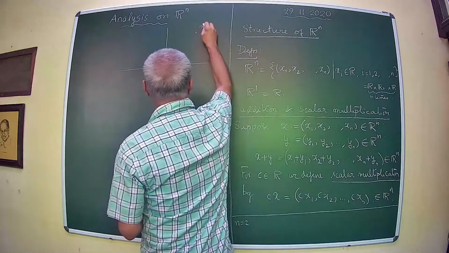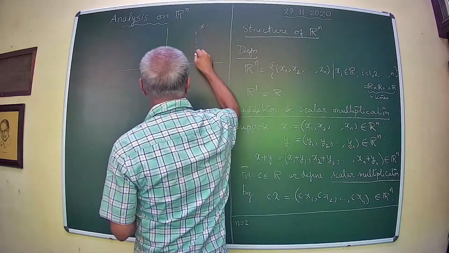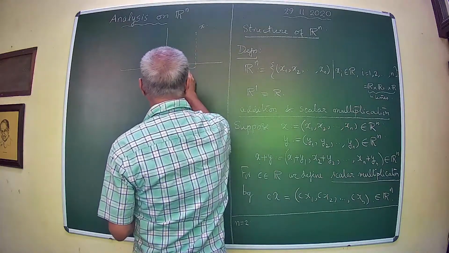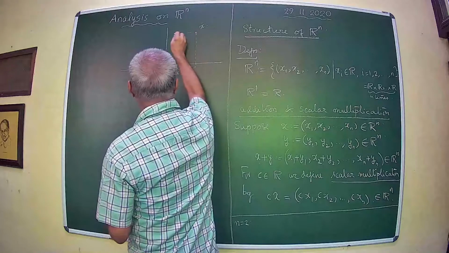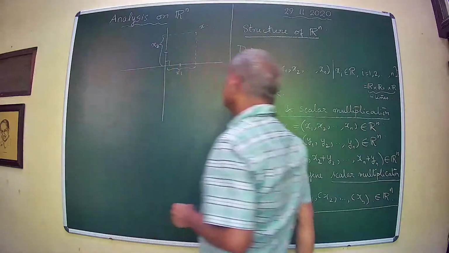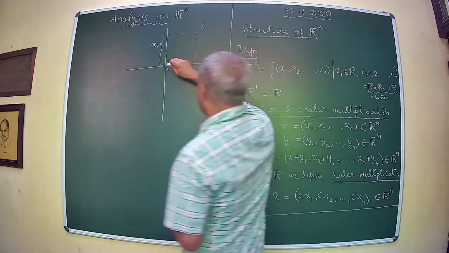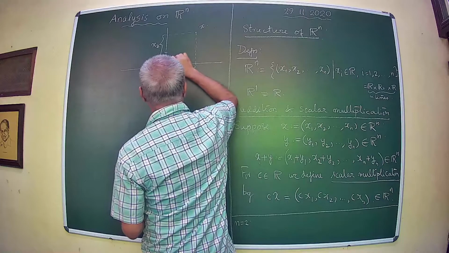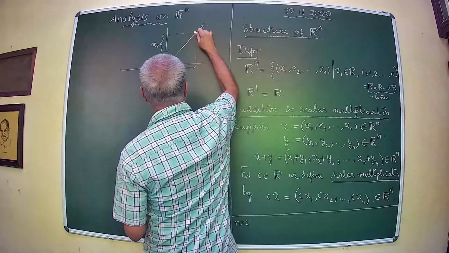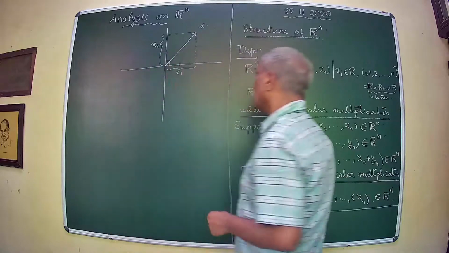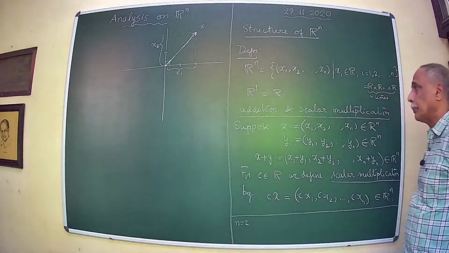We designate this by x, then this is x1 and this is x2. So this point is considered as a vector which is acting at the point 0, 0. Okay.